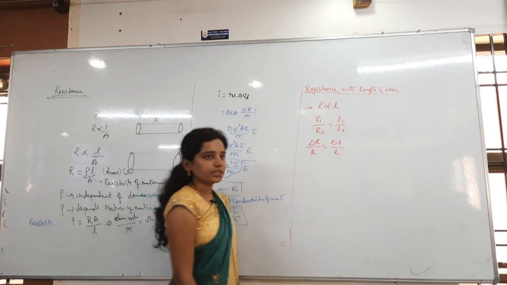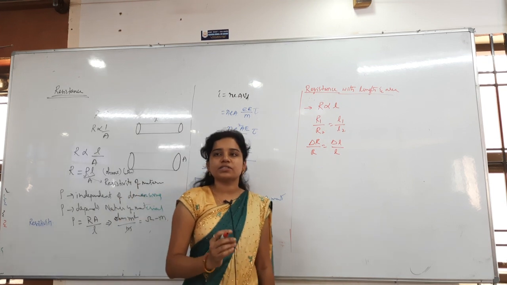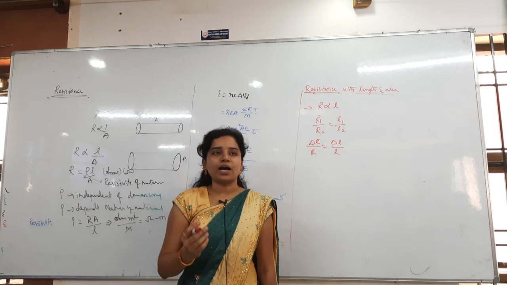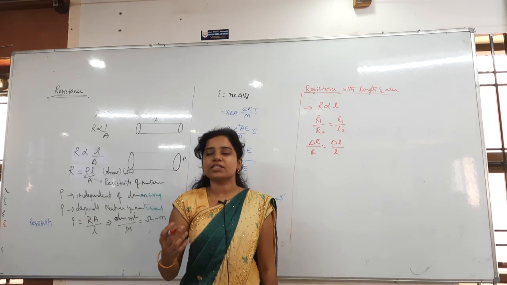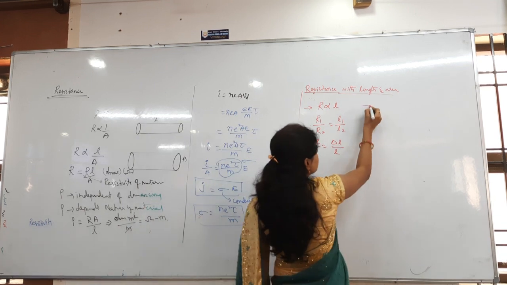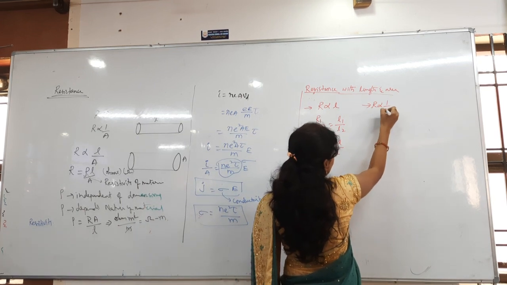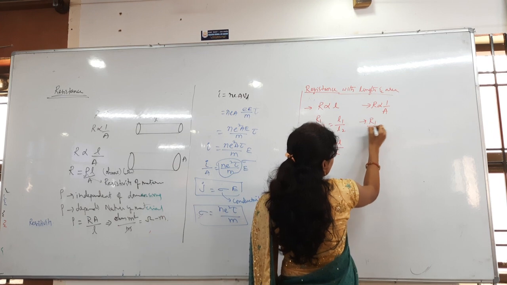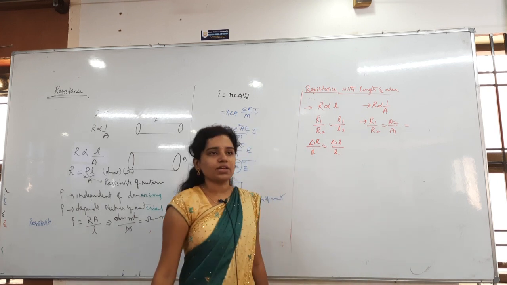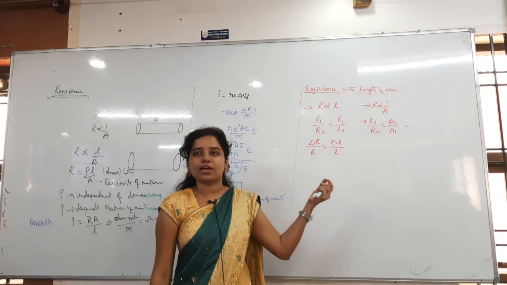This is one possibility, when the lengths of the wires are given. Also, when the radius is R1 and the final radius is R2, how will the resistance vary? R is inversely proportional to area, so R1 by R2 is equal to A2 by A1. For example, the second wire has radius R2 and the initial wire has radius R1.